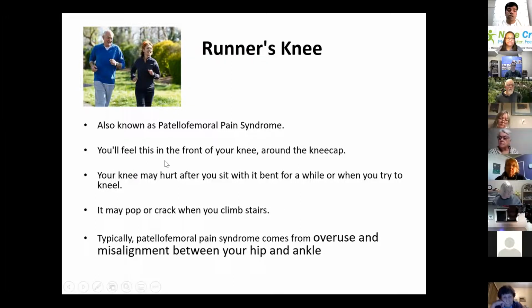So what happens is the kneecap will be rubbing on the thigh bone. You will feel the pain at the front of the knee and around the kneecap, and whenever you are trying to bend the knee a lot, you will feel the pain. And after some rest, for example, if I'm sitting for half an hour or 1 hour and I'm trying to stand up, you will feel the pain, and sometimes you will notice crepitus, like cracking bones, and you will feel a popping noise around the knee.